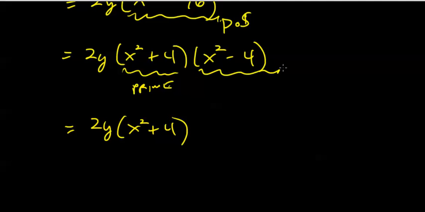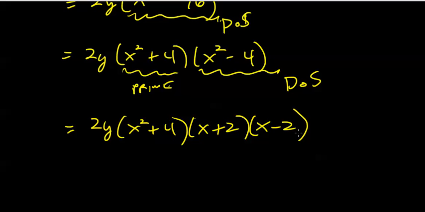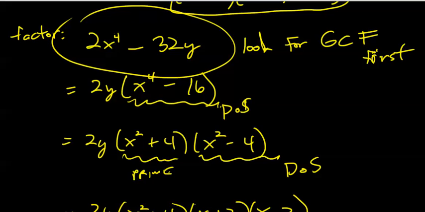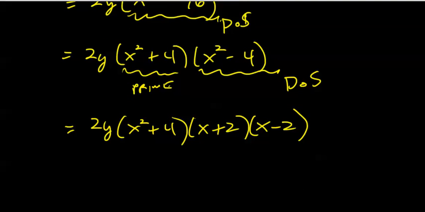And of course, x squared minus 4 is a difference of squares. And I could rewrite that as x plus 2 times x minus 2. Alright, so if I ask you to factor this expression completely, 2x to the fourth minus 32y, here is my final response.